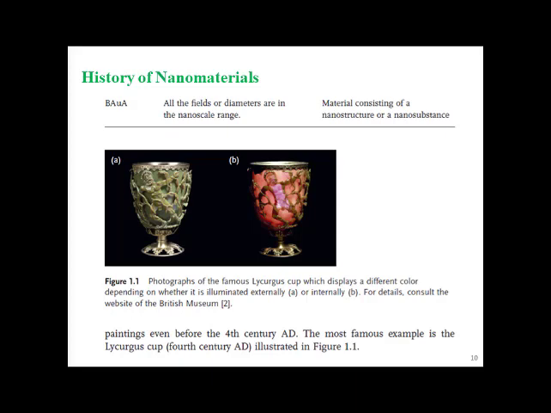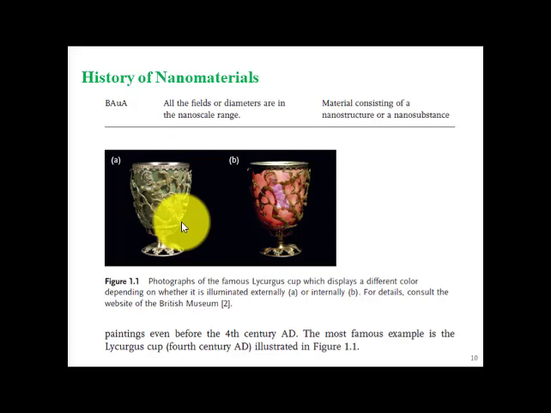The opaque green cup turns to a glowing translucent red, just like here it is shown in figure A and figure B. In figure A it is a green cup, and it turns to a glowing red color when light is shone through it internally.